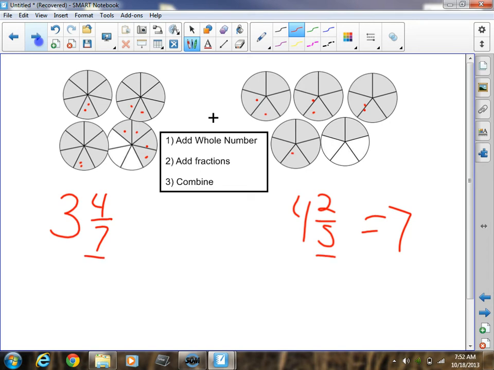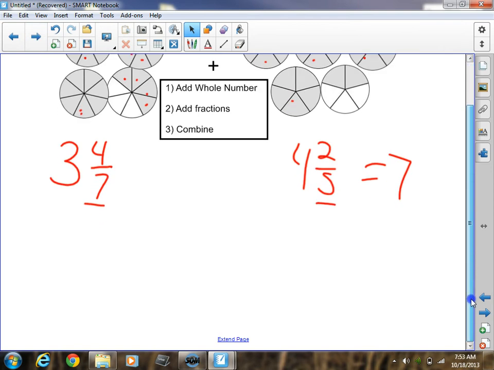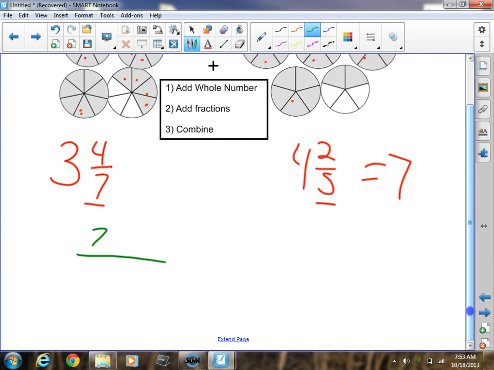Now I'm going to work on my fractions. We're going to use our knowledge from class today to get a common denominator and then add. So I'm going to pull these fractions out a little bit, scroll down, and give myself some space. I'm going to use a different color here. Once again I'm going to find common denominators. Let's find the LCM of 7 and 5. Remember, we go out 5 places.